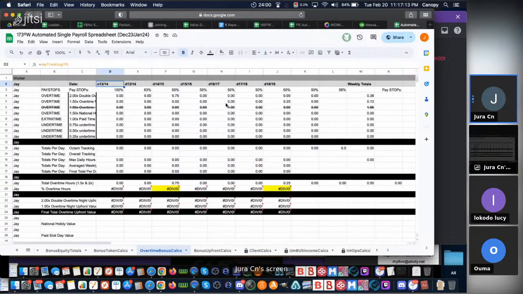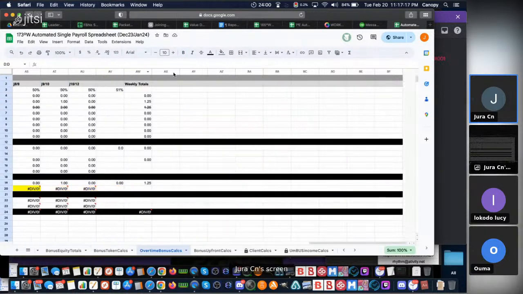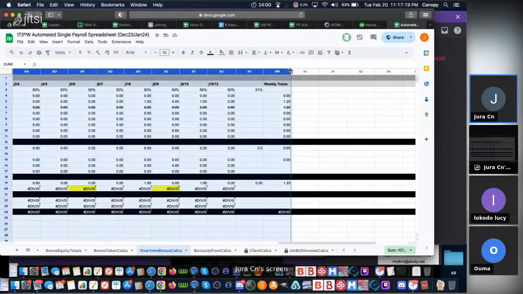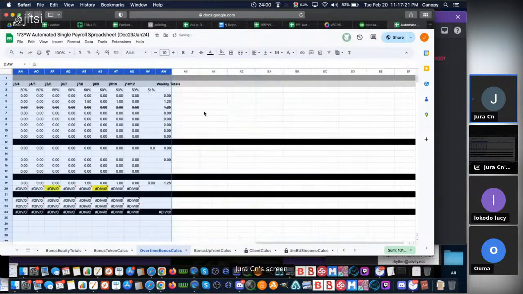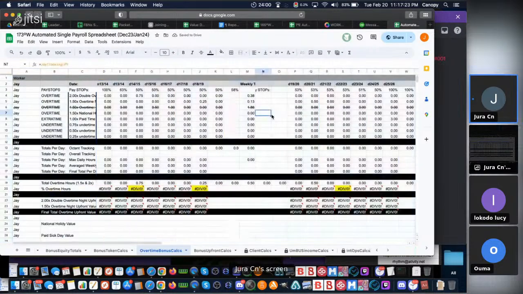I also like to get the dates small. So I'm going to take all of this information and make it smaller like that. Yeah, so now I can see it all. Okay. It all looks good from my end. Right. So then the next thing is going to be the octant tracking and the overall tracking.